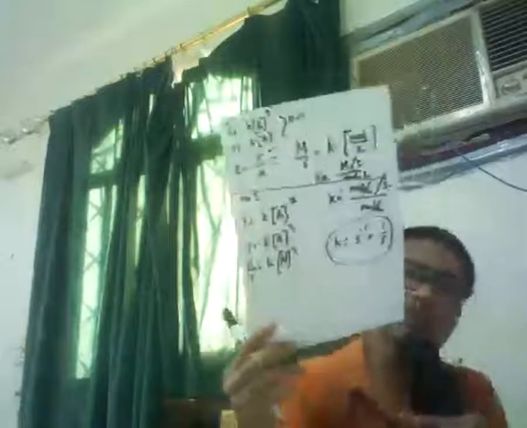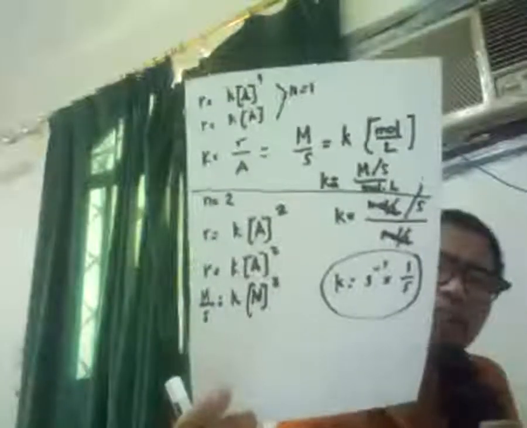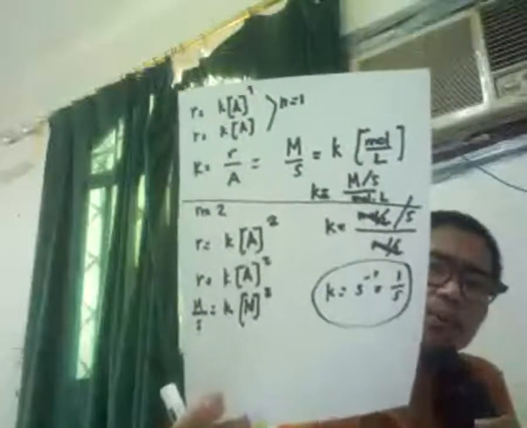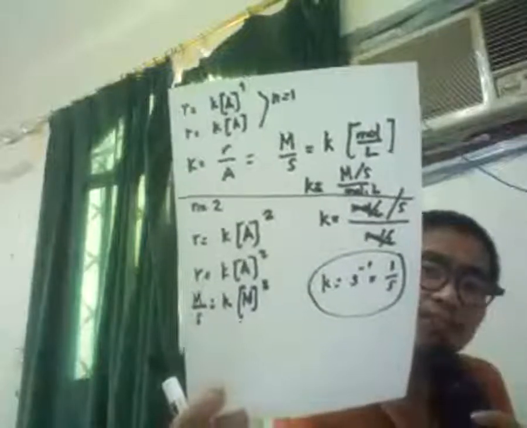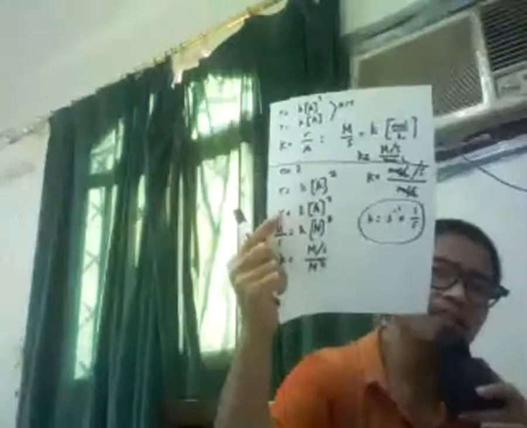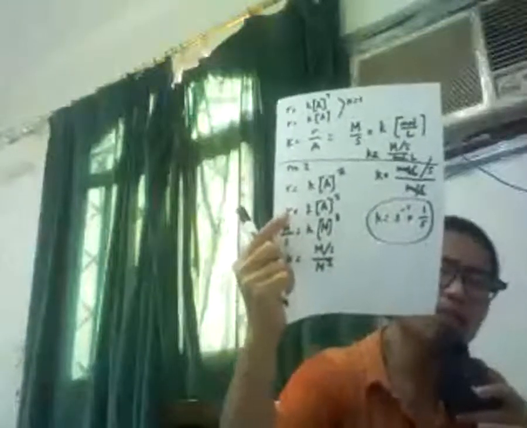Now do the basic math. Solve for k. k is equal to M/second over M squared. The capital M will be cancelled: cancel the numerator against the denominator.